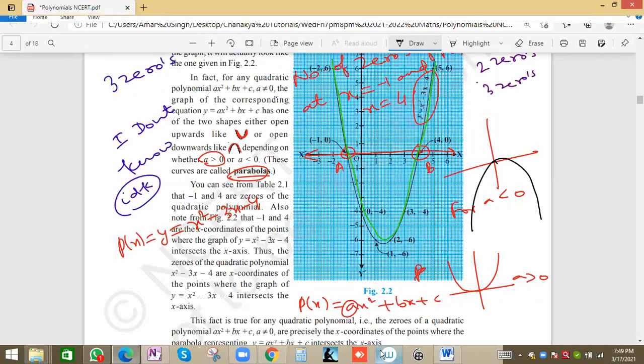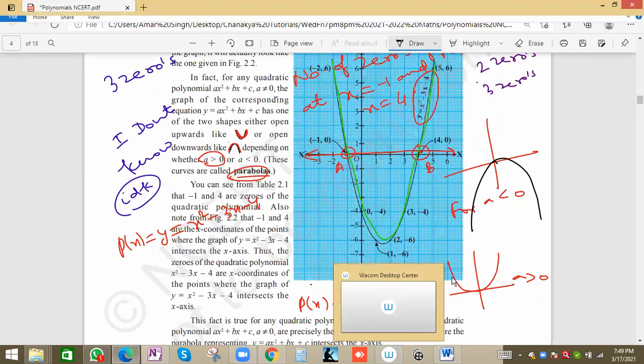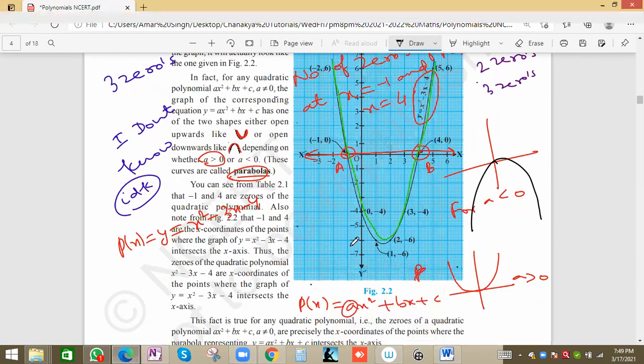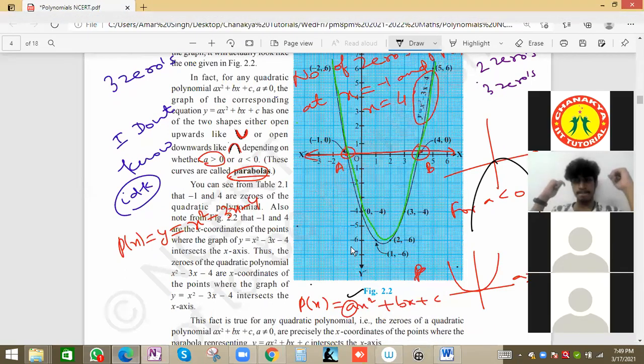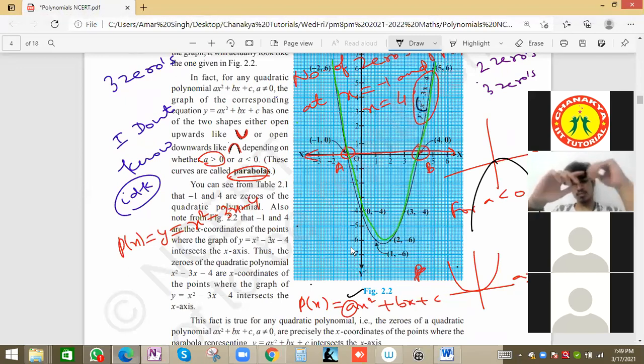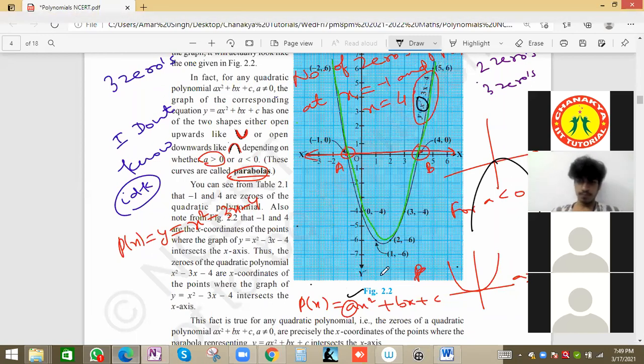It will go down when the first term a is negative. And in this case x square is positive, so the graph will open upward.